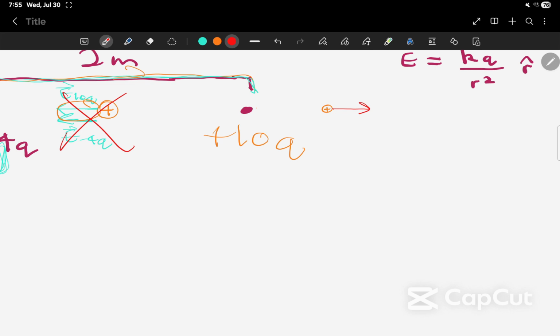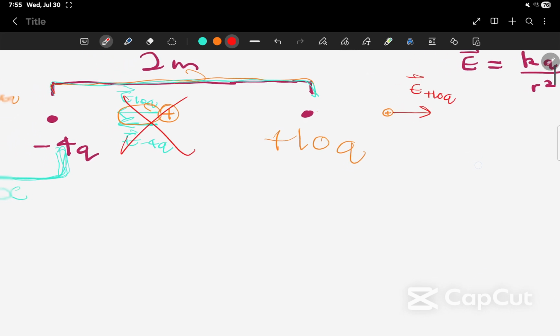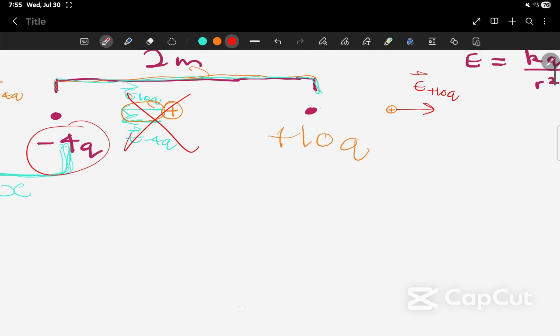Again, high to low potential. And then for the negative charge, the electric field vector will point in towards it, so towards the left. So here there is a chance that the vectors will cancel, not bad. So this is one possible region we could consider.